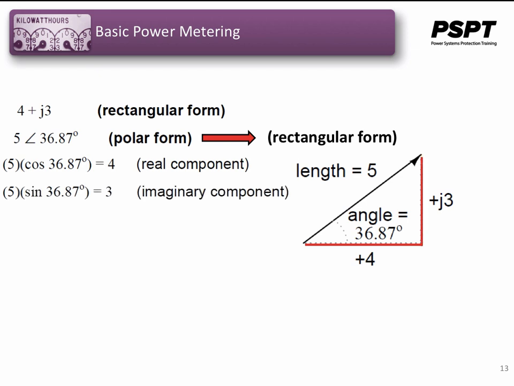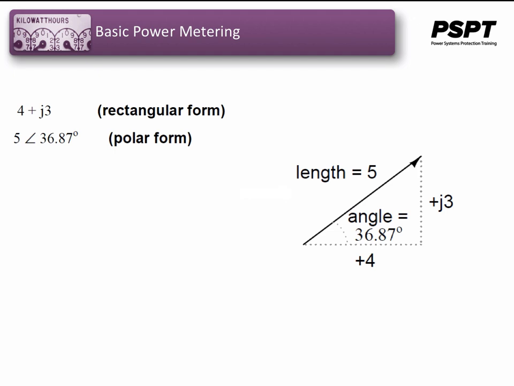To find the imaginary side, you take the magnitude, the length of the phasor, 5, and you multiply it by, this time, the sine of the angle, which is 36.87 degrees, and that equals 3. So that will give you the imaginary component, and you have to remember to put the j operator in front of it, of course, and whether it's plus or minus will fall out of the calculation.